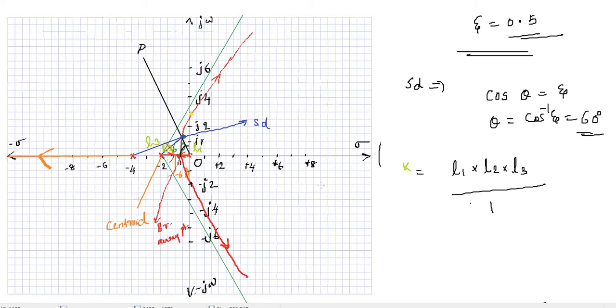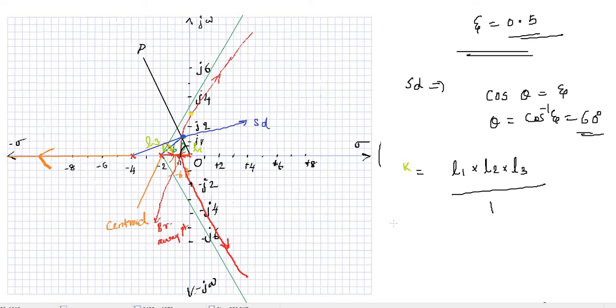If there is any open loop zero present, you have to take the length from that zero to the dominant pole and write it here. Corresponding to this problem, there are no open loop zeros, so we write 1 instead.